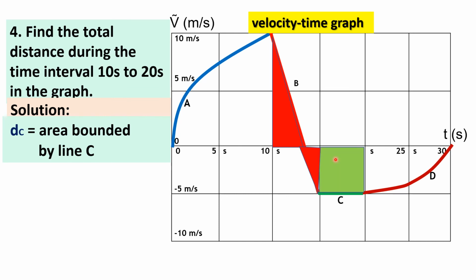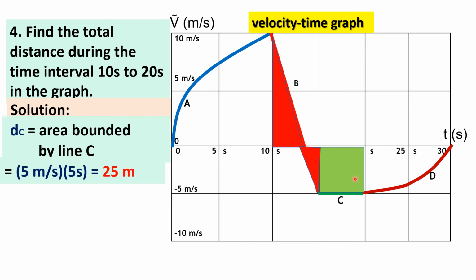The green shaded area looks like a square or a rectangle. Okay, and how do we determine the area of a square? Isn't it that we simply multiply the two sides? If it is a square, just multiply one side by the other side. All right.